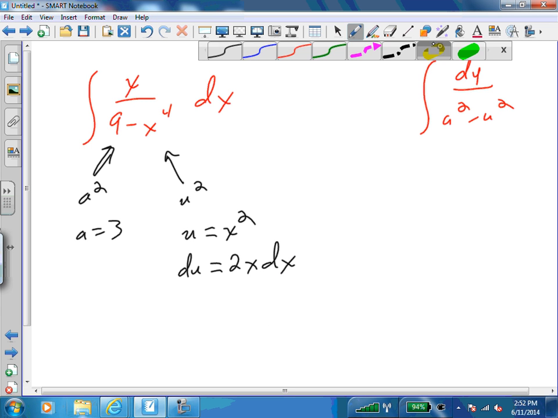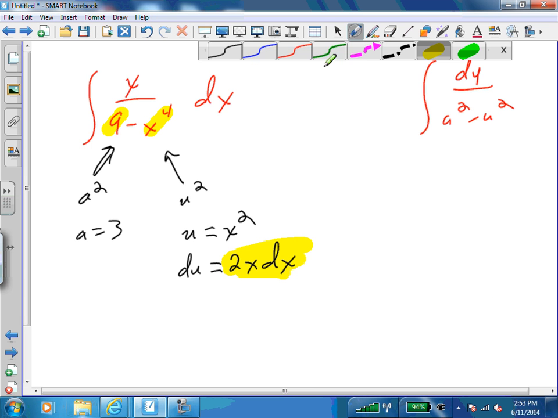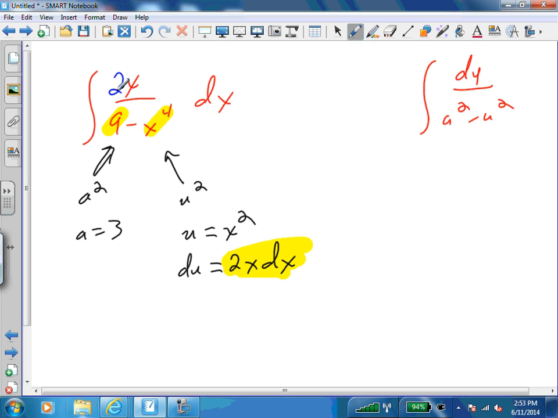So we have an a squared, we have a minus, we have a u squared, and what are we missing to get du? We're just missing a 2. So we can multiply by 2, divide by 2.